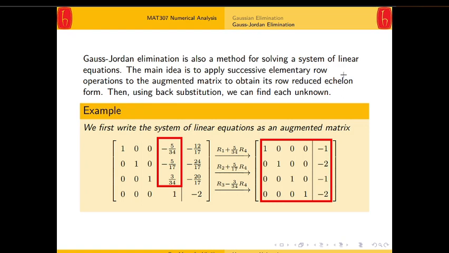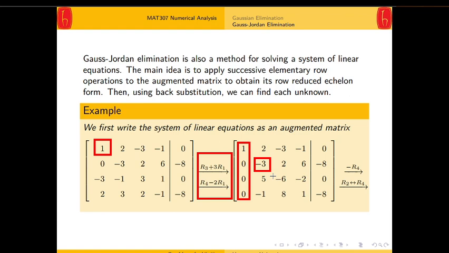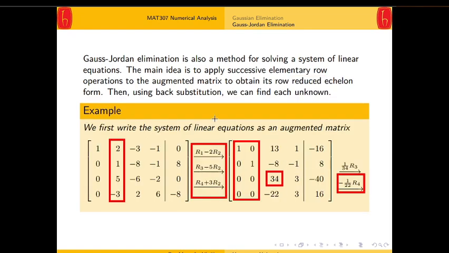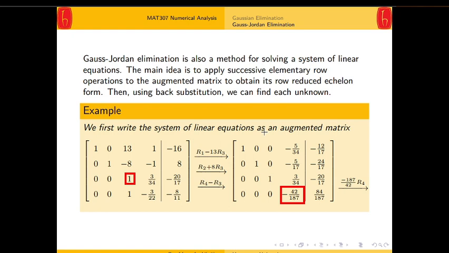So this means lots of operations, and lots of unnecessary operations compared to performing the same thing with Gaussian elimination. So it seems like Gaussian elimination is a better approach. Better is in quotation marks. It's a better approach in terms of having less computations.